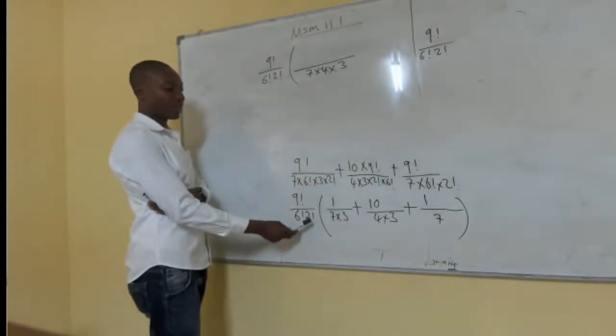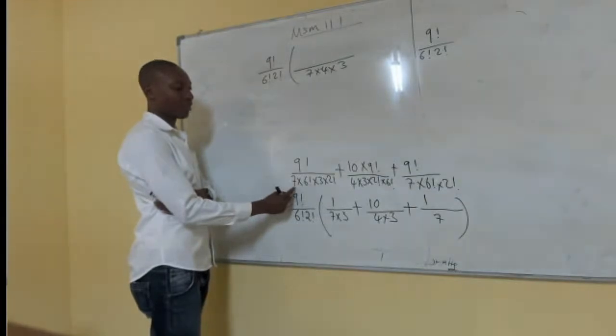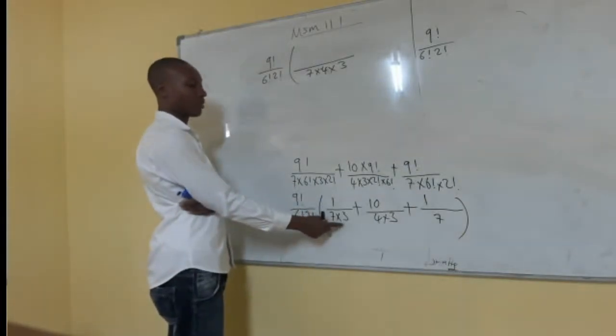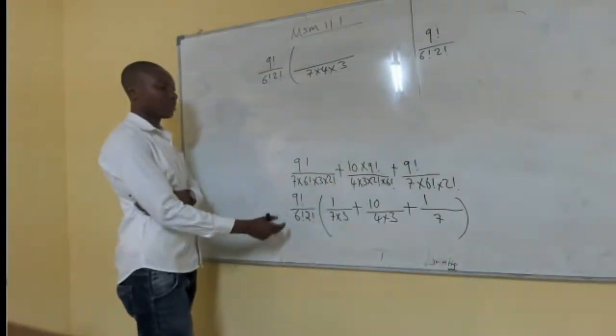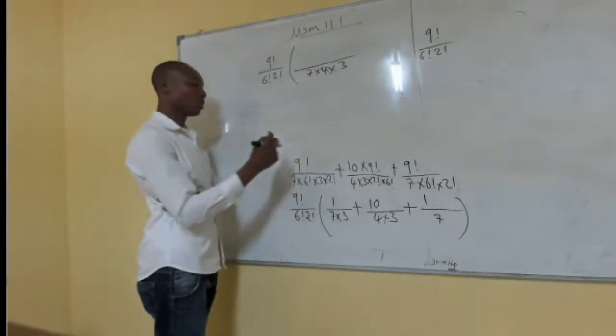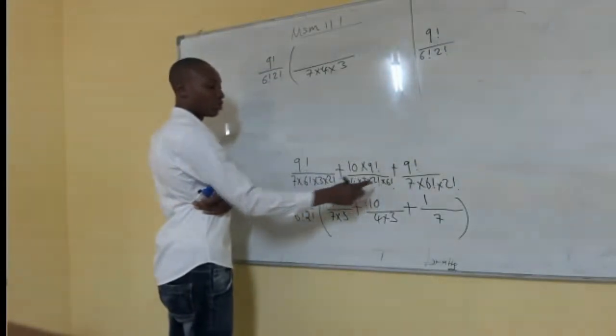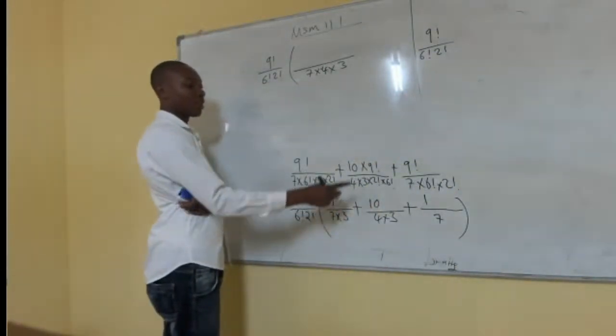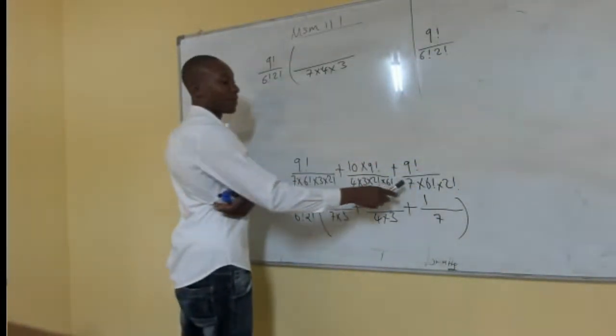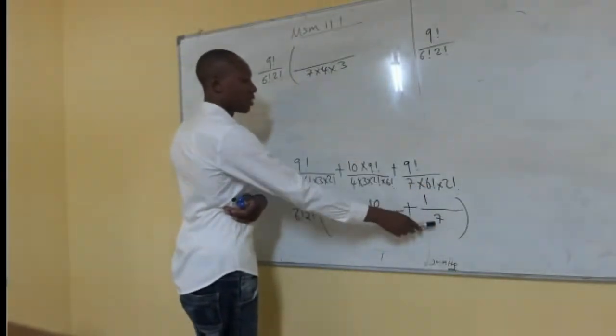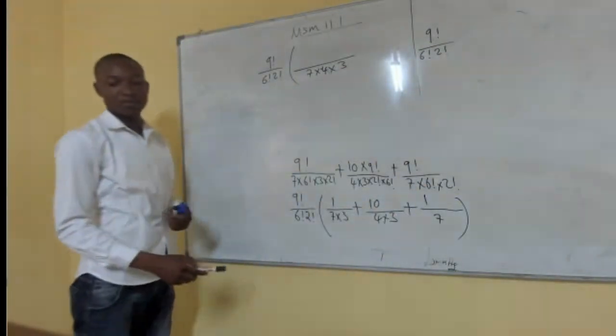When I factored it out, what remains? 7 times 3, which is here. Then here I factored out the 6 and 2, what remains? 4 and 3. There I factored out 7 by 6, what remained was a 7.